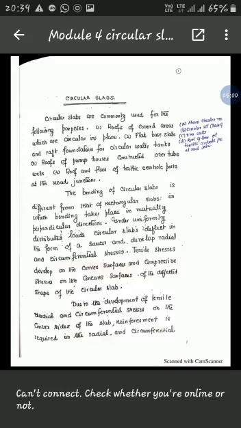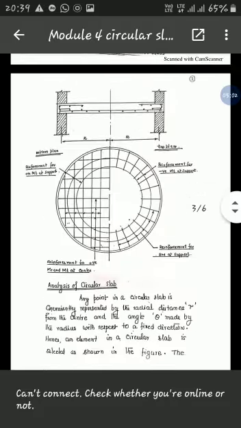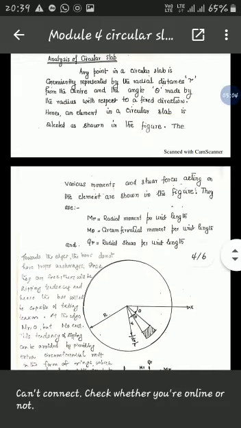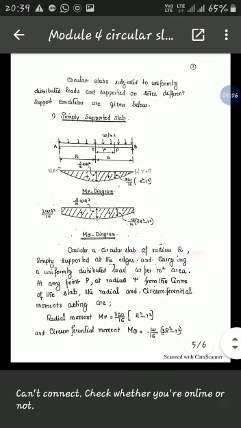The figure shows a simply supported circular slab which is subjected to a uniformly distributed load of W per meter square. This slab will generate two types of bending moments.